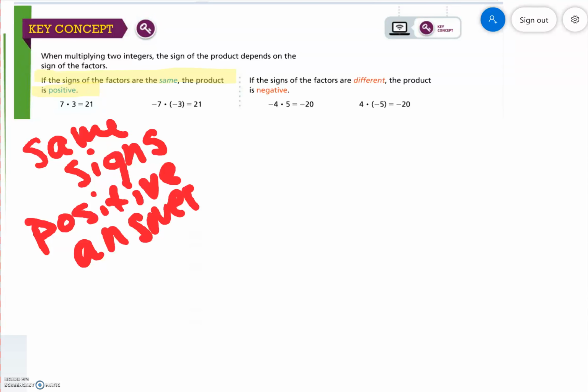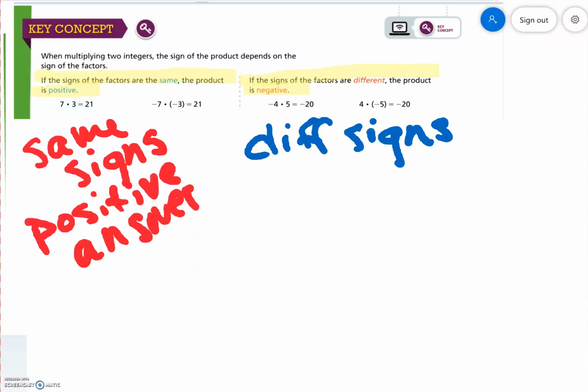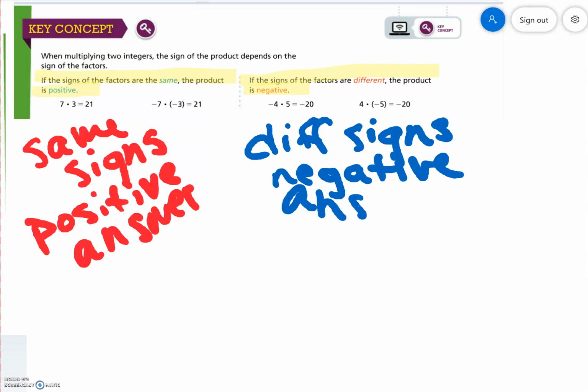Here, if the signs of the factors are different, the product is negative. So, different signs, we get a negative answer.